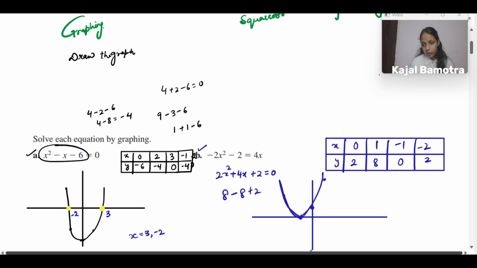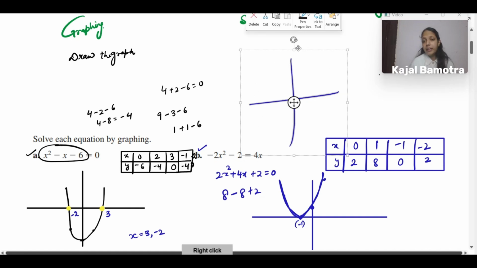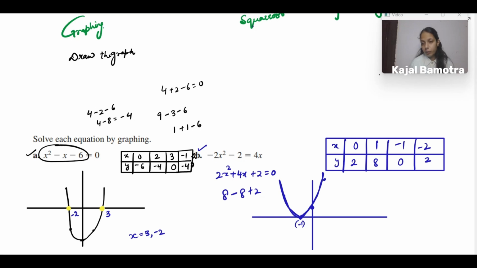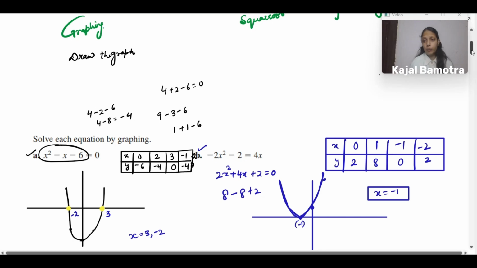The x value is not affected, so the solution was not affected by that. If you directly draw this graph by shifting the 4x here, you will get a downward graph. But what I did is I just multiplied by negative and wrote the equation in this way, so I got an upward graph. Otherwise, it is a downward graph. x equals negative 1 is the only solution, because it cuts the x-axis only one time.